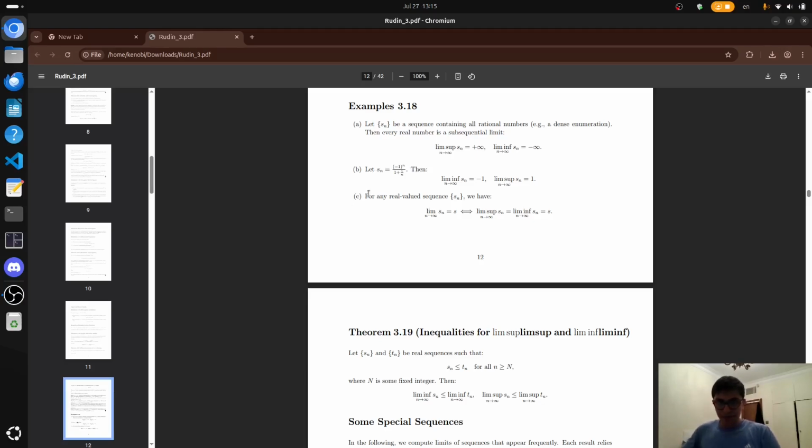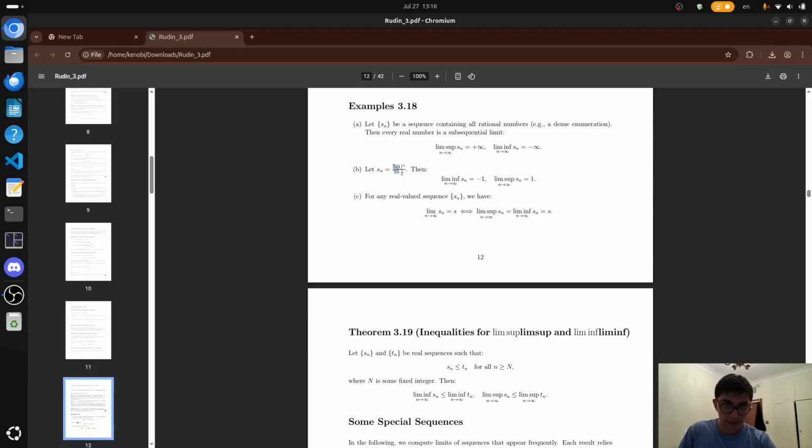Now for B, let me just check something. Yeah, okay. So we have lim inf equals -1 and lim sup equals 1. Why? Because as n goes to infinity, this goes to 0.